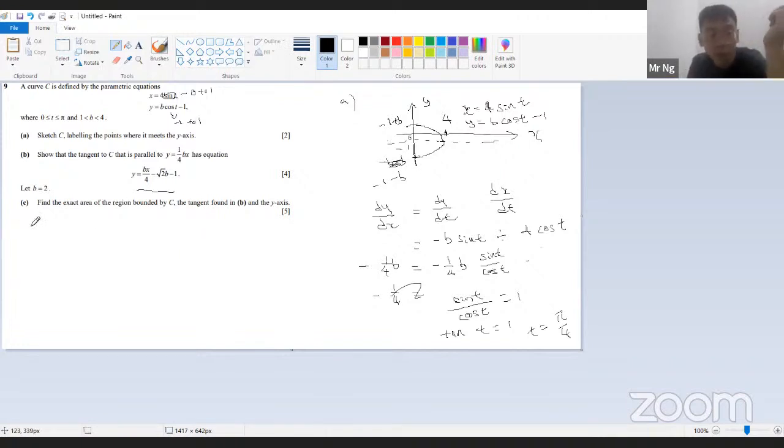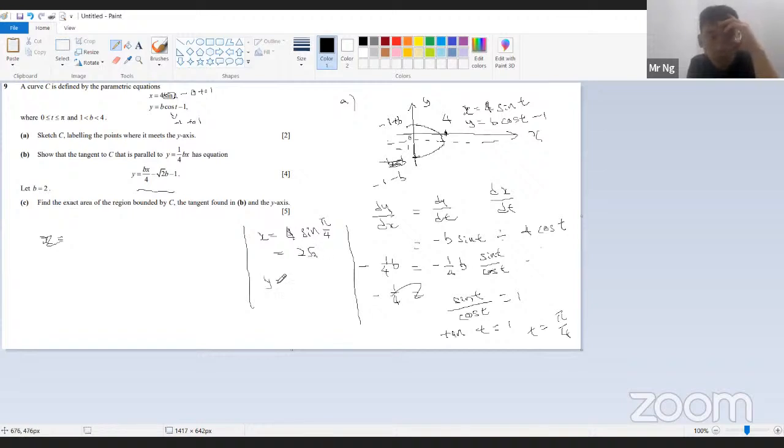So when t equals pi over 4, your x will be equal to square root 2 over 2, so it's 2 square root 2.